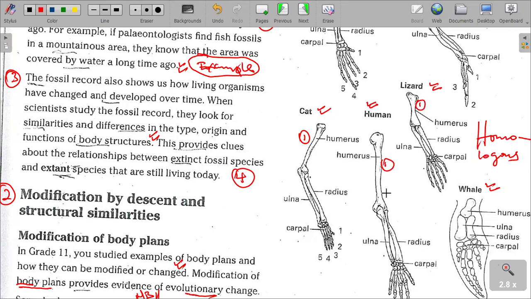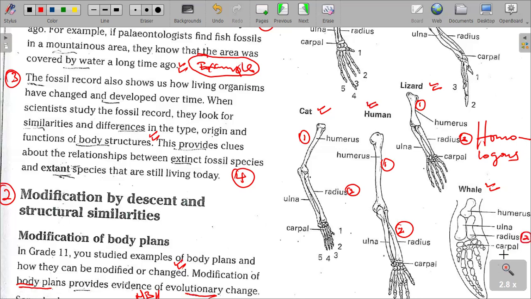We can talk about the radius. In the cat we have the radius, and in the lizard it is also there. We also have the radius on the flipper of the whale.